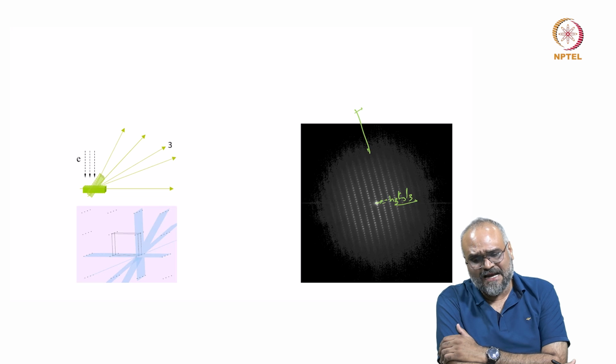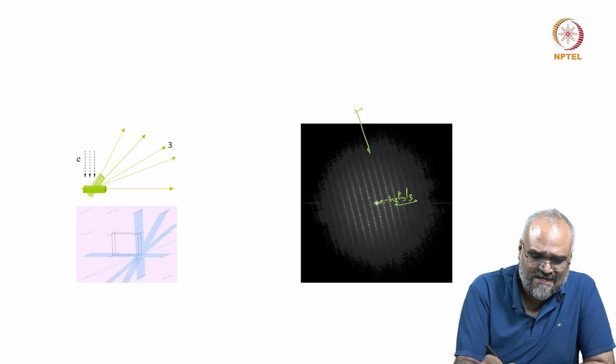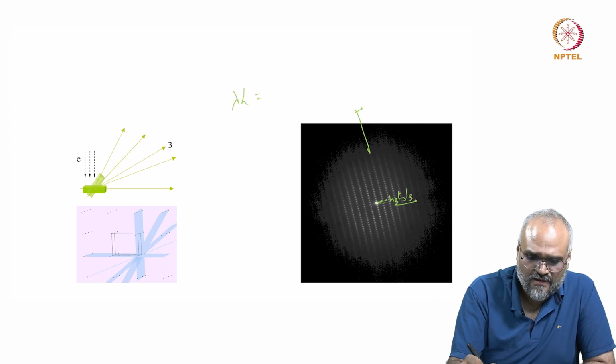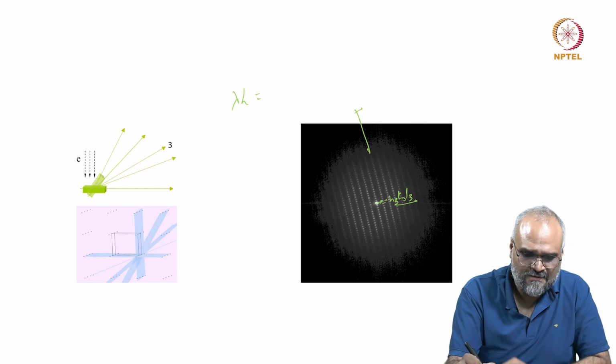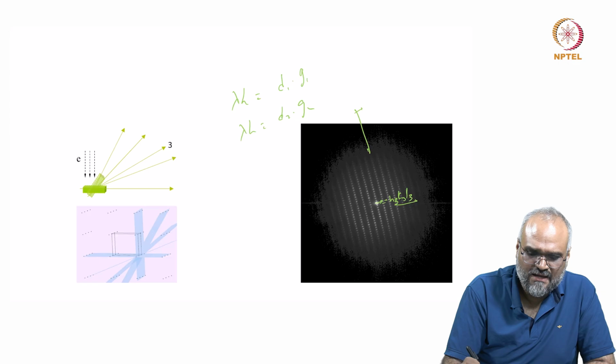And to now start indexing these, we know that in these three cases I had this relationship where lambda L is D1 times G1 and lambda L is again D2 times G2 and D3 times G3.